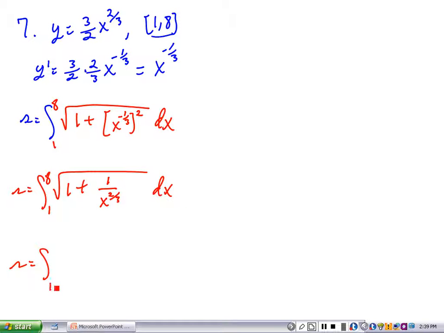So s is equal to the integral from 1 to 8 of the square root of, this is x to the 2/3 plus 1, all over x to the 2/3, dx, and all of that is under the radical, so let me make sure you see that.